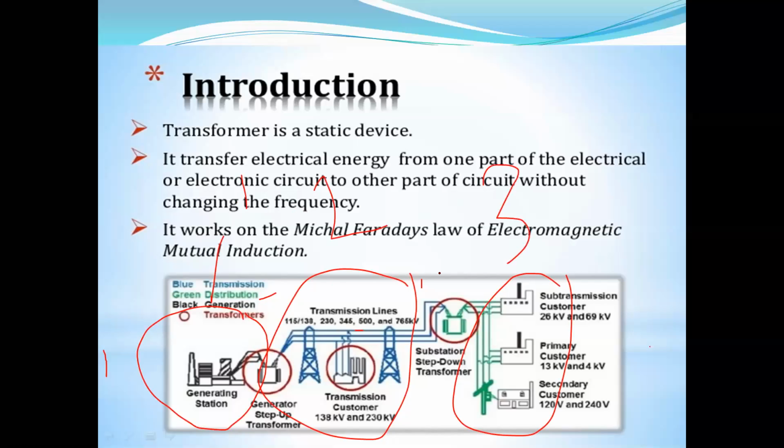Distribution and utilization come under the third category. First category generation, second category transmission, third category distribution.